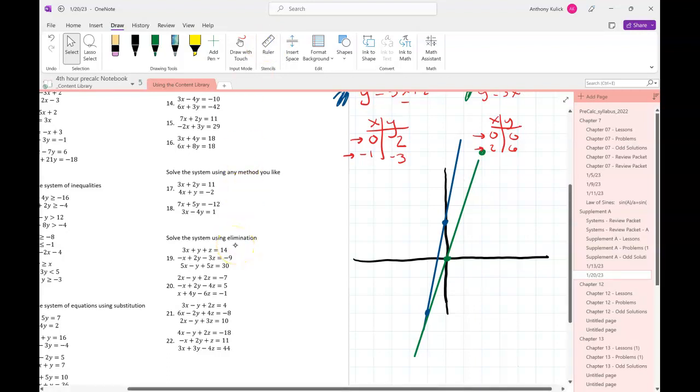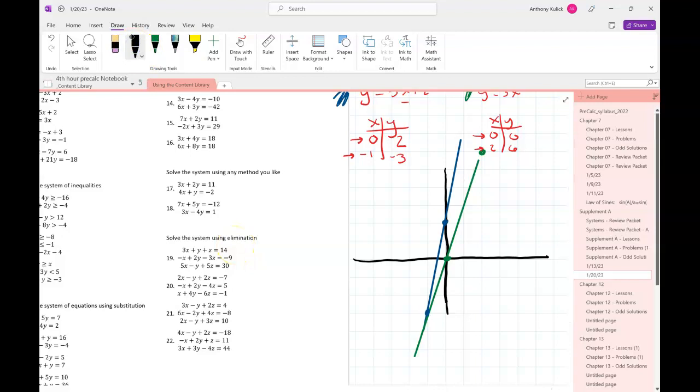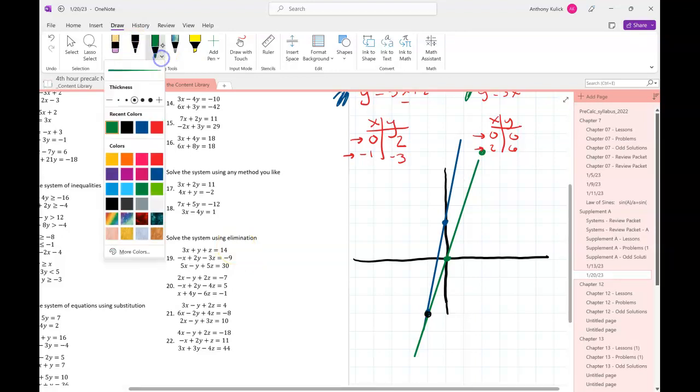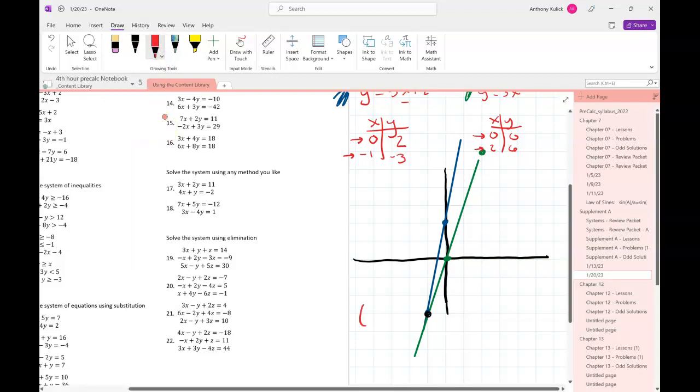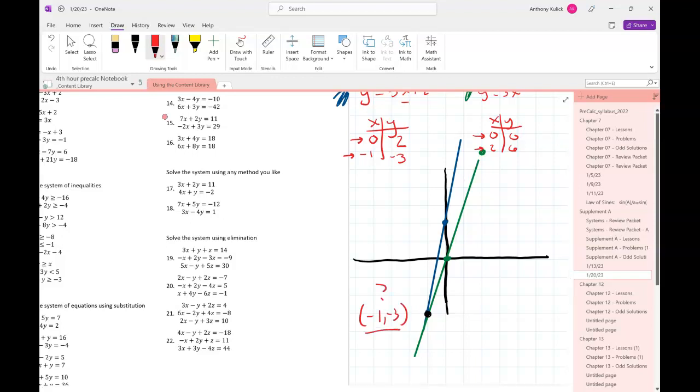If I look at this, the intersection of these two looks to be maybe right here at -1, -3. Everybody buy that? How can I check to guarantee it?